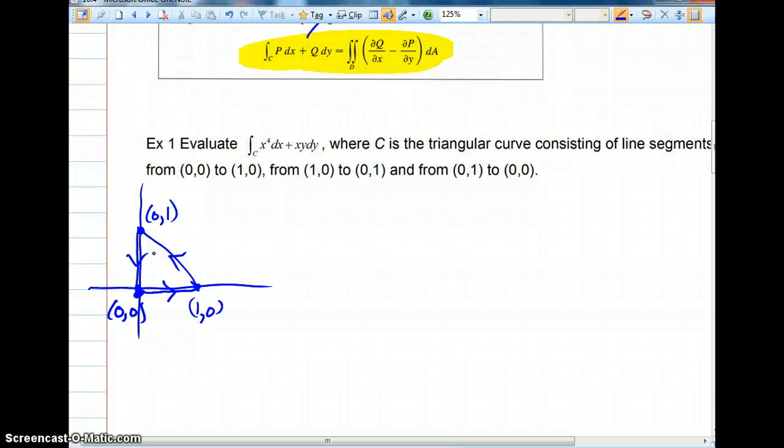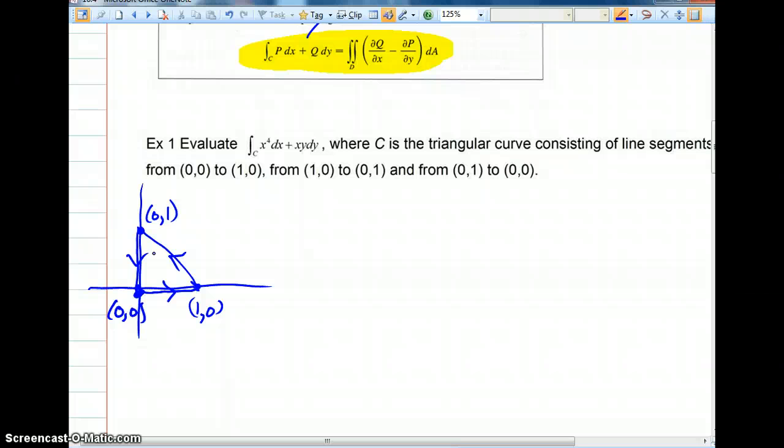Now, like I said before, you would have last week turned this into 3 separate problems. You would have had to set up 3 different parametrizations for each of those line segments, right? And you'd have to say, what's x of t and what's y of t? Then we'd plug everything in and integrate with the appropriate t-bounds.